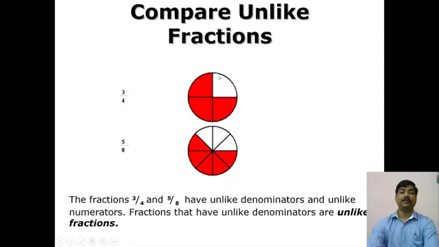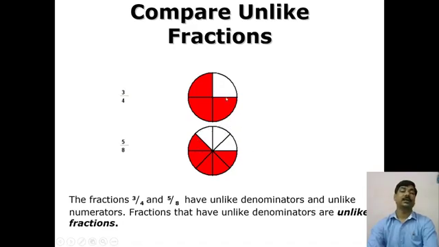This fraction shows 3 upon 4 and this fraction shows 5 upon 8. How do we represent 3 upon 4? This picture shows 3 upon 4. How do we represent 5 by 8? This picture represents 5 by 8.